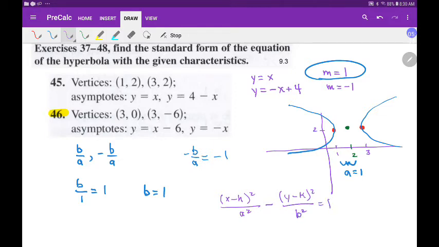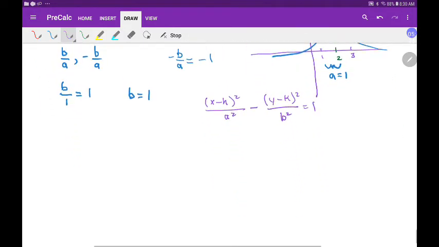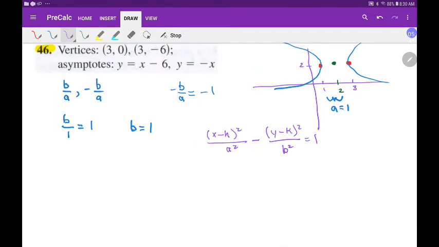And we're saying our center is 2, so we're going to say x minus 2 squared over a, which is 1 squared, minus y minus 2 again squared over 1 again, equals 1.